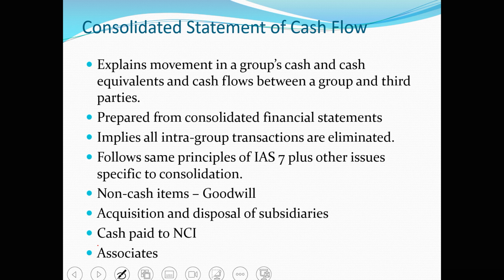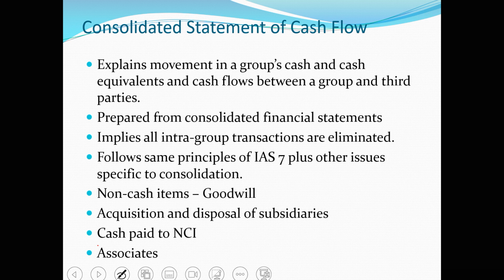Follow the same principles. When you are preparing a consolidated cash flow, it follows the same principles of IAS 7 plus other issues specific to consolidation. Like I said, when you are doing adjustment for non-cash items, you have to deal with goodwill and its impairment.